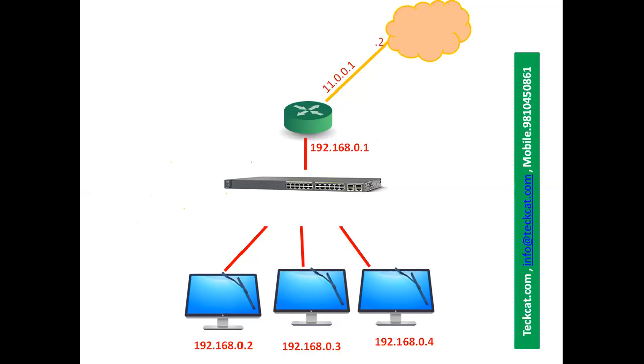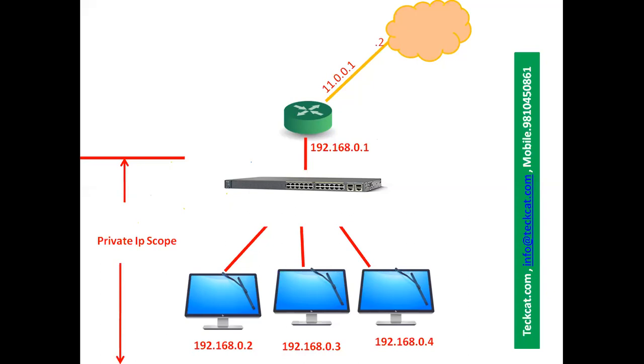But brother, if you have 200 computers, it means you should purchase 200 public IP addresses from IANA, and it is very much expensive. So you have to assign private IP address in all the computers. But you know what is the scope of private IP address? This is the scope of private address.